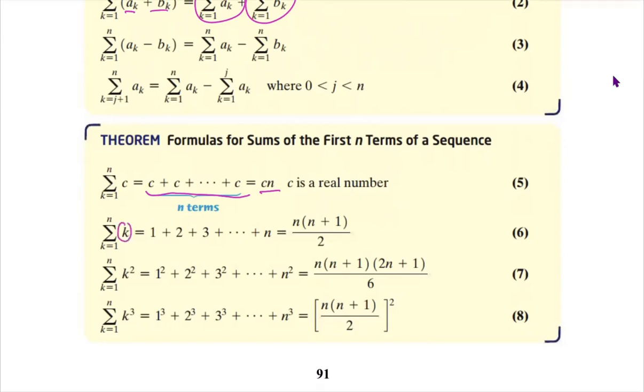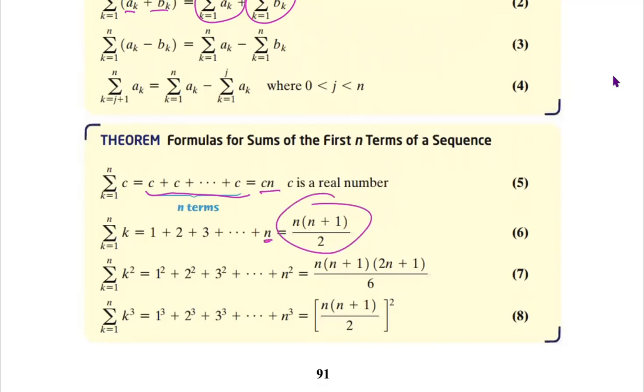If you add the first n terms of the set of integers, which is the sum for k equals 1 to n of k, which is 1 for the first term, the second term k equals 2, k equals 3, and so on up to n, it's going to equal n, the last term, times the last term plus 1, divided by 2.